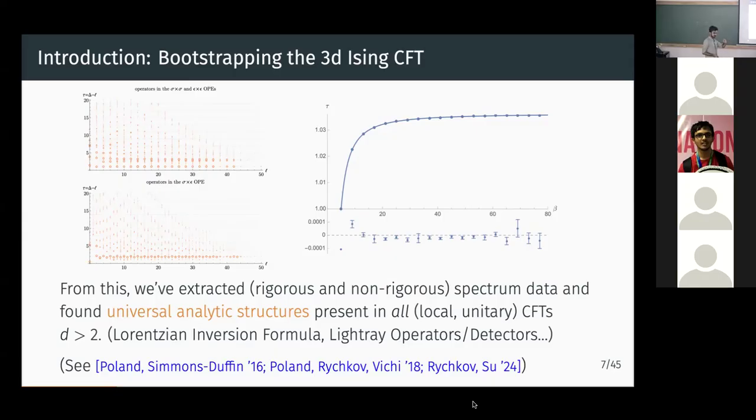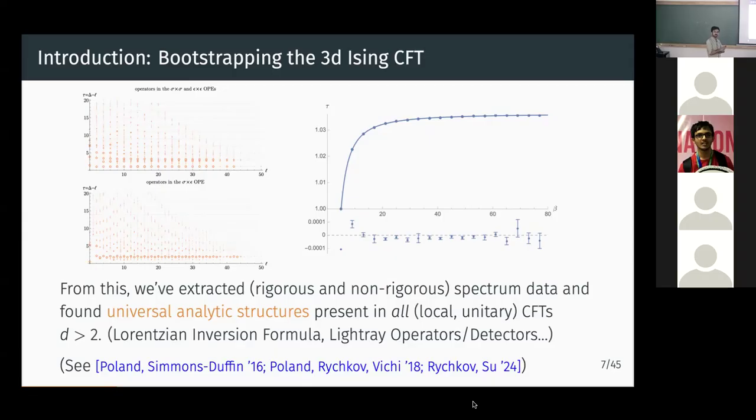And when you look for something that's extremal in this sense, there's a unique solution. So there's a unique solution that comes out of this. And there'll be, in principle, a unique CFT for each and every point in the island. But when you compare all of them with each other and average them together, which is what this big picture is here, you find that they're all very consistent with each other.